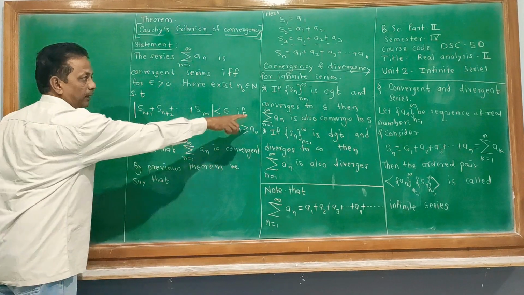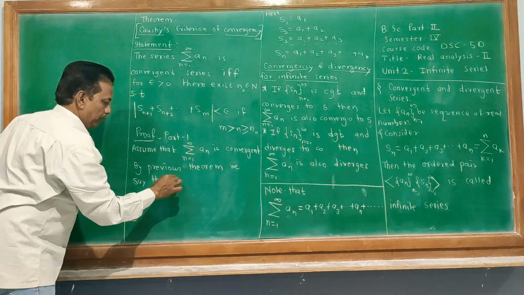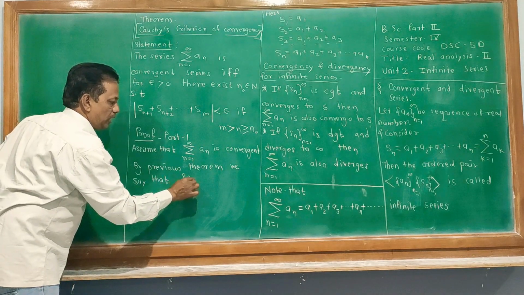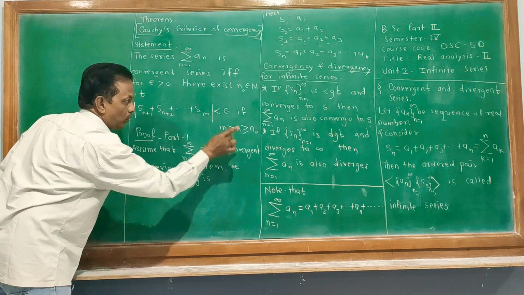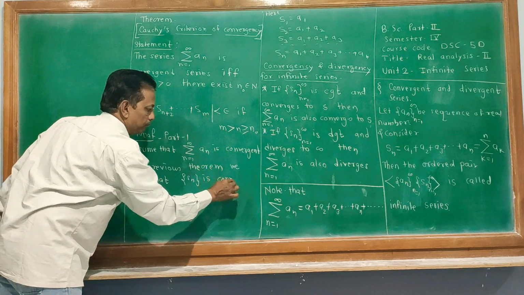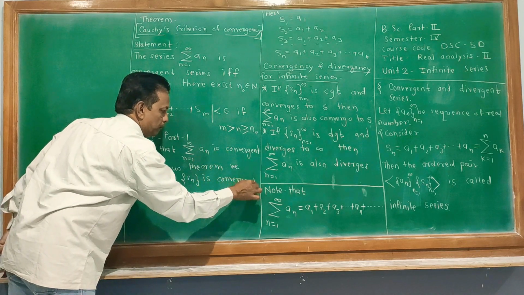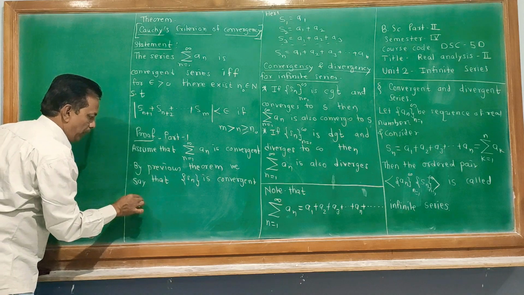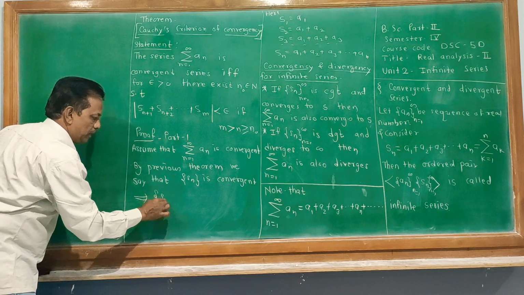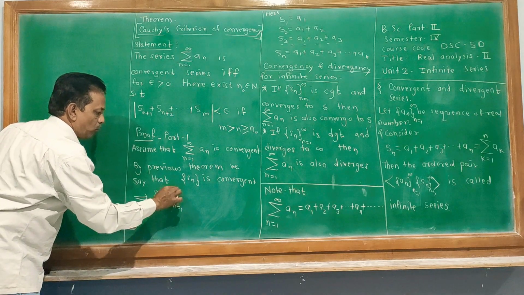Here we also say that from this step, sequence Sn is convergent, and it means that the sequence is a Cauchy sequence.